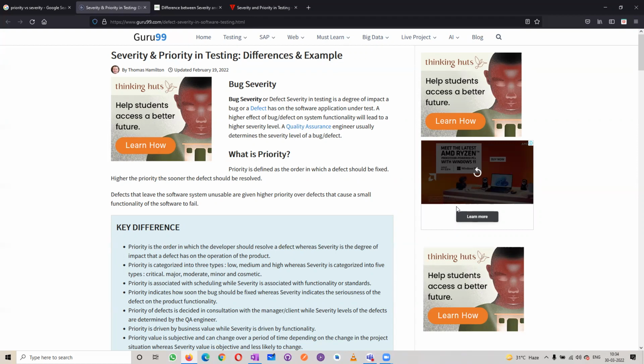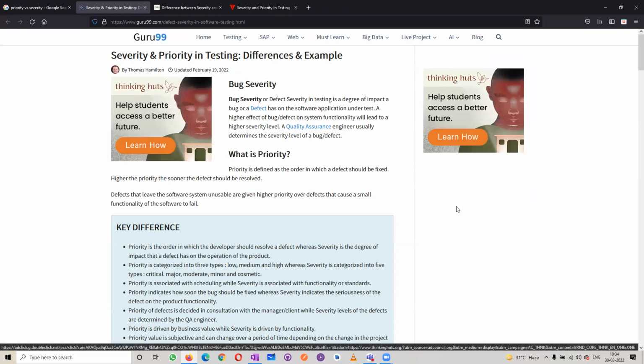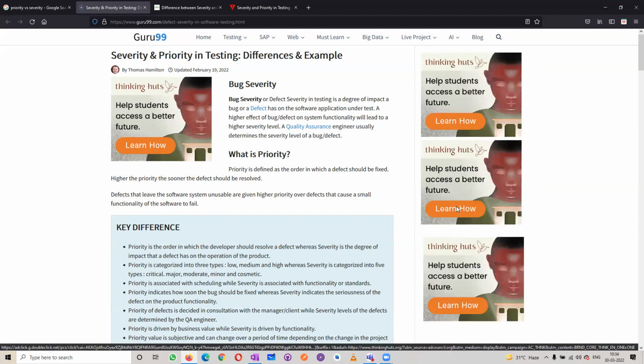Now, first of all, let's understand what we mean by severity and what we mean by priority. Let's think about priority first and then come to severity. Consider that you are a doctor in a hospital and you got 3 patients.